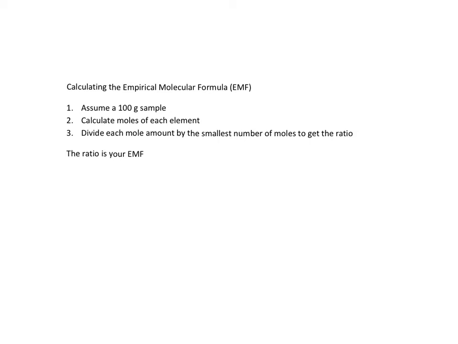So second step is we calculate the moles of each element, and then this is the important step. We divide each mole amount by the smallest number of moles to get the ratio of each element to each other. And this ratio is our empirical molecular formula.